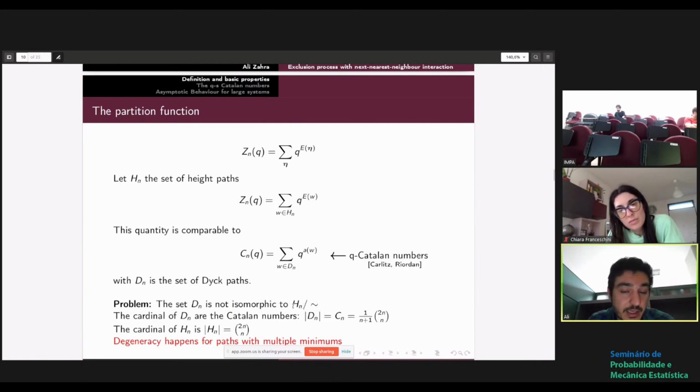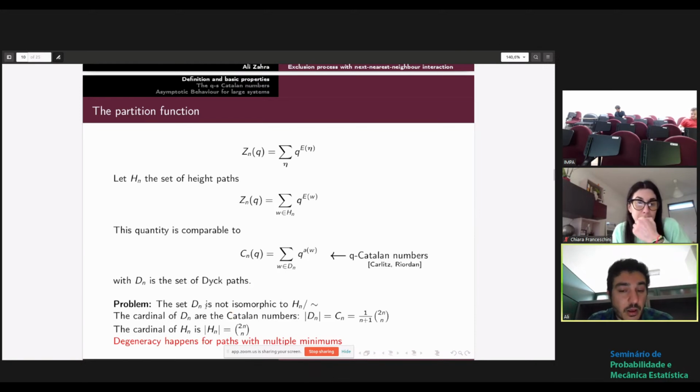But is it now the same as D_n? Okay. So now if you have a path with one minimum, then actually all the translations of this path can lead to one Dyck path.